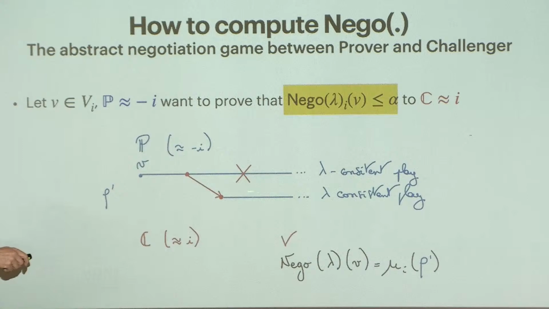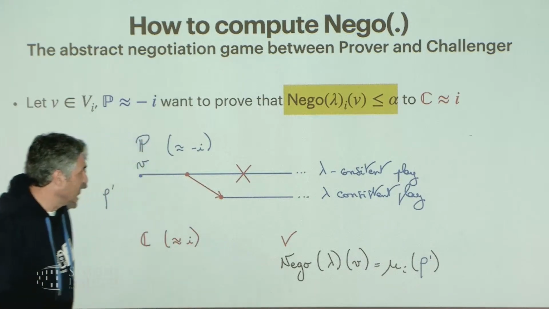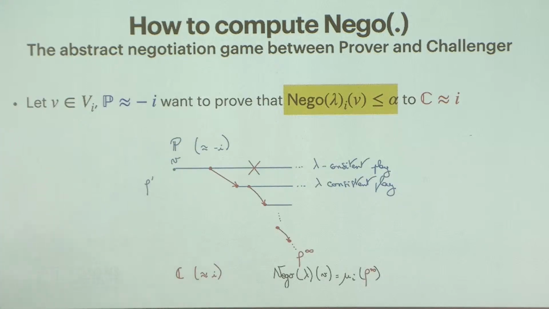You see here that he cannot play completely adversarially. He again needs to consider a lambda consistent play and be consistent with the worst case value that we computed at the previous iteration. The challenger can accept this new play, or reject it and make a deviation.